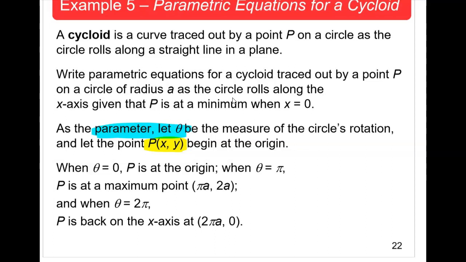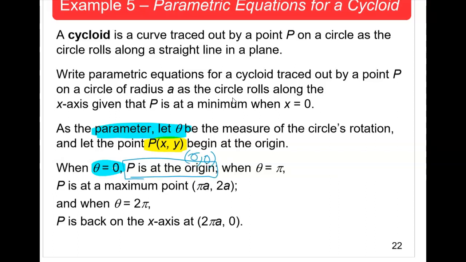So if theta is equal to 0, the point will be at the origin, at (0, 0), right?